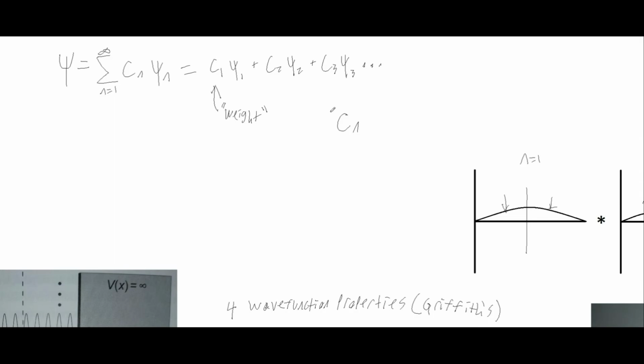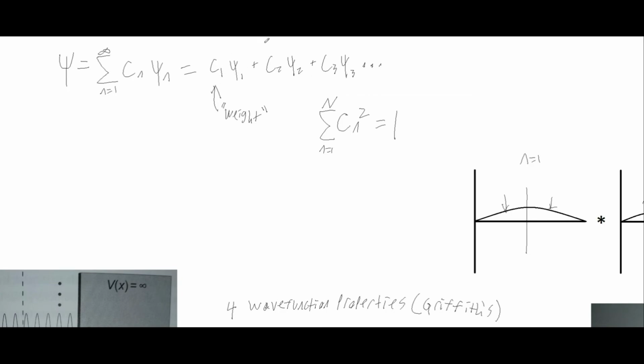And we know that if we have Cn squared, going from n equals 1 to, well, it doesn't need to be infinity, this has to equal 1, because this is the probability, and probabilities always have to add up to 1. The square of this is the probability. Without the squaring, it's the probability amplitude, which is a weird thing that doesn't have much of a physical interpretation, as far as I can tell, other than using the Born rule.